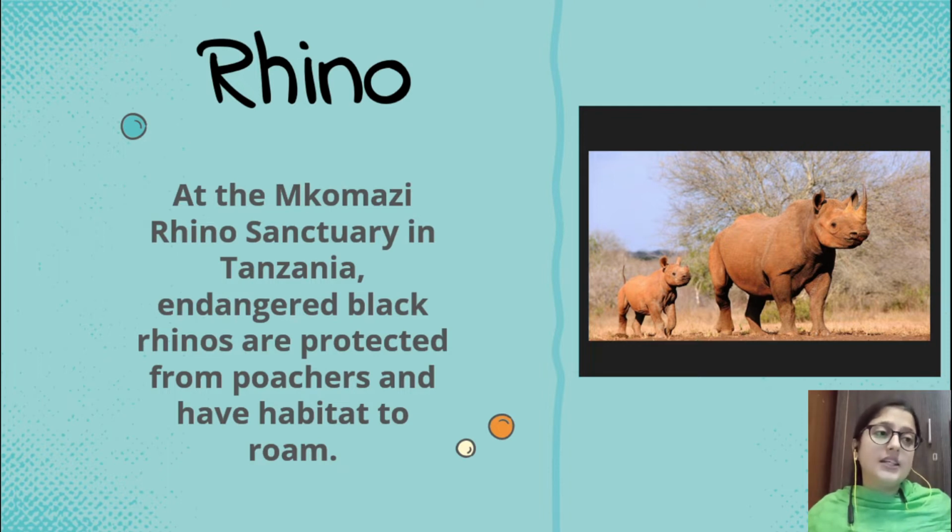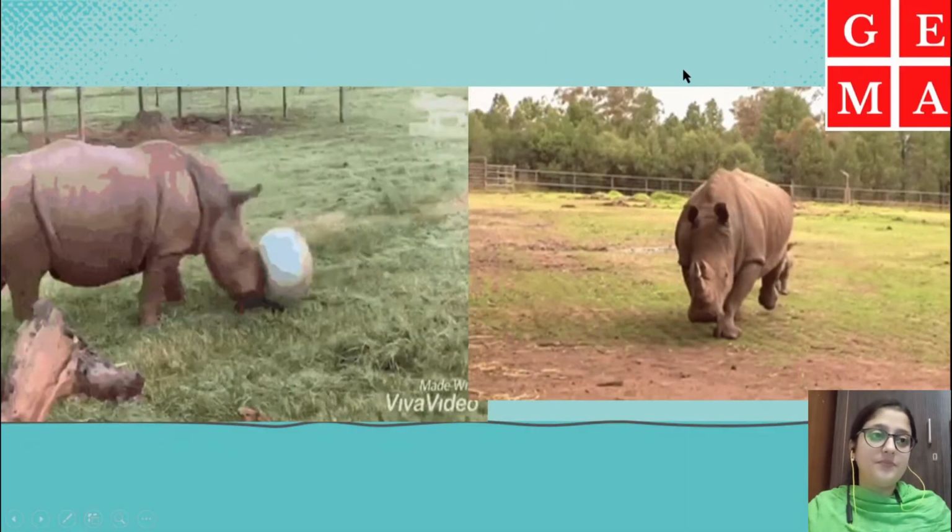So the black rhinos are protected in the national park, a sanctuary in Tanzania. There are white rhinos as well, which are not completely white in color, but a little grey, and they're conserved in Assam.